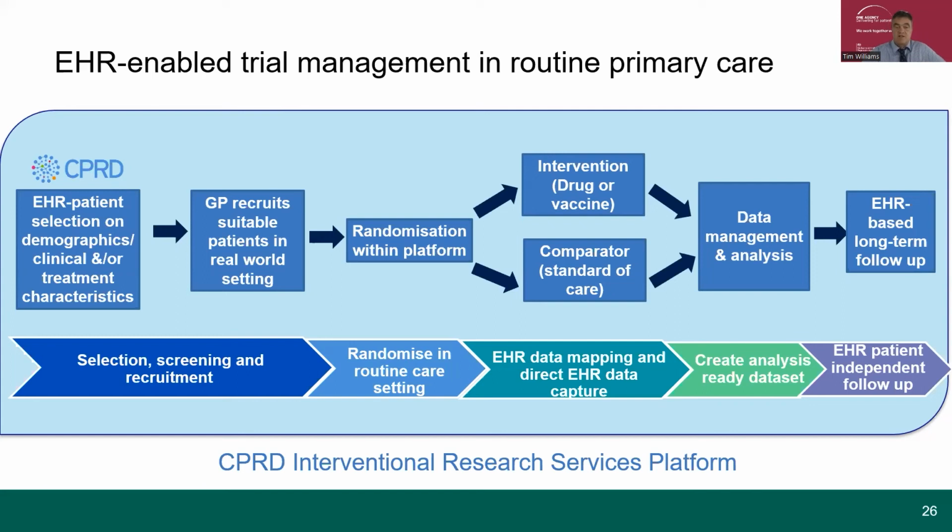And then the GP undertakes activities such as discussing the trial with the potential participant, and then consenting them and enrolling them into the study as part of recruitment. Once they're recruited, the GP, acting as investigator, will access the randomization component of the platform, and this patient will be randomized to the intervention or comparator in this particular trial.